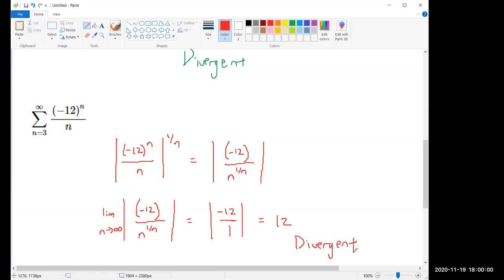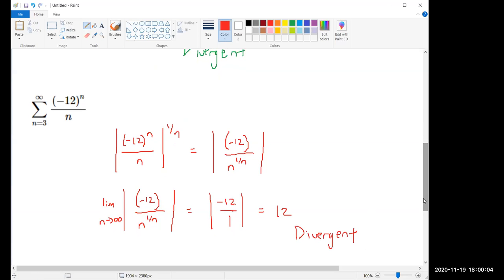Okay, so yeah, that's pretty much the root test. Very similar to the ratio test. Any questions so far?